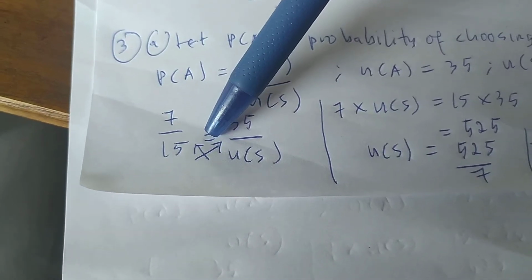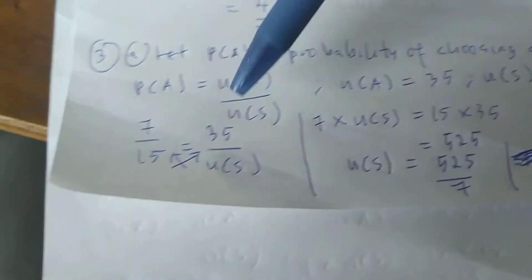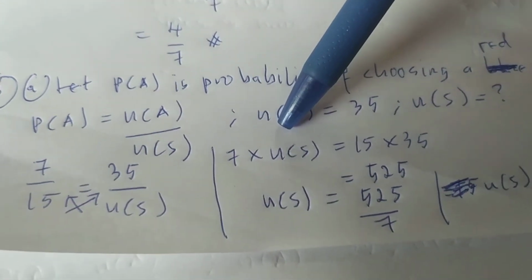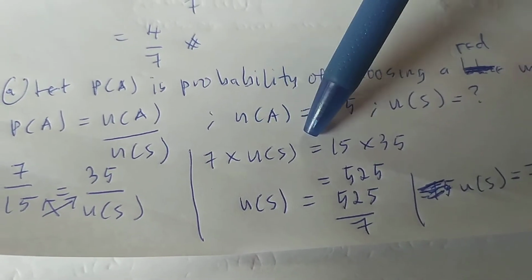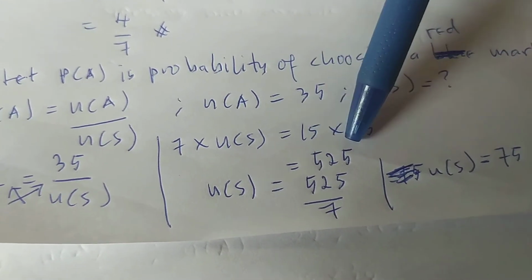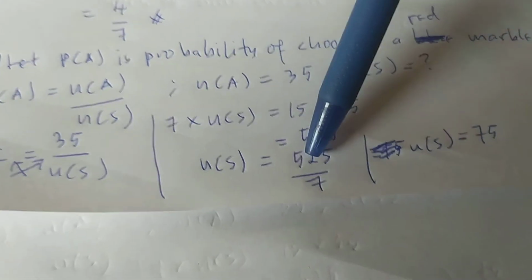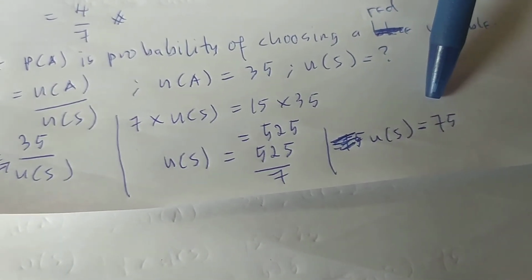You have to do the cross multiplication method. It becomes 7 multiplied with the number of the total marble equal to 15 multiplied with 35, which is 525. You divide by 7, so you will get the number of total marble equal to 75.